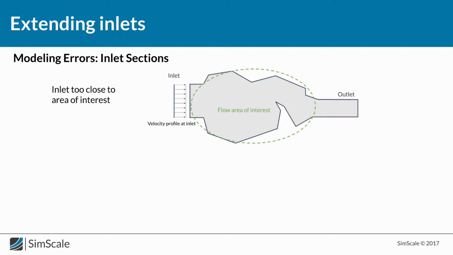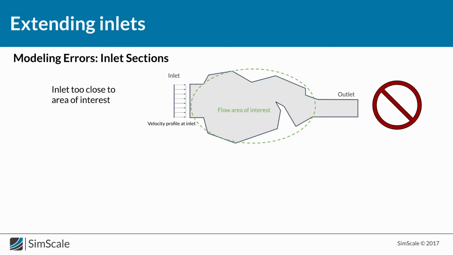This unphysical and not realistic modelization of an inlet will be directly inserted into the flow area of interest, thus reducing the actual and proper flow that should be happening within the flow of interest.